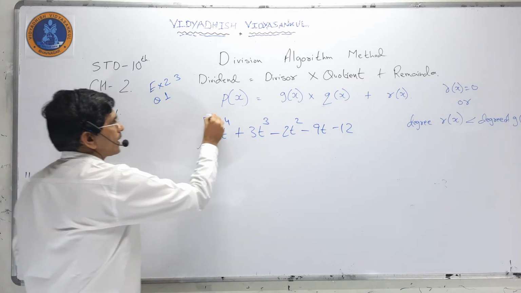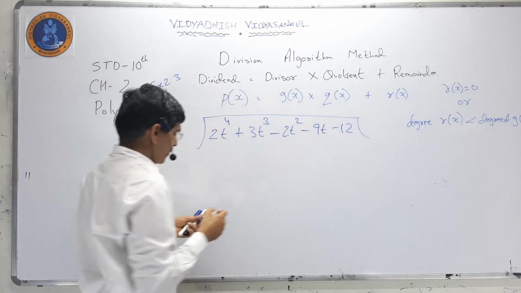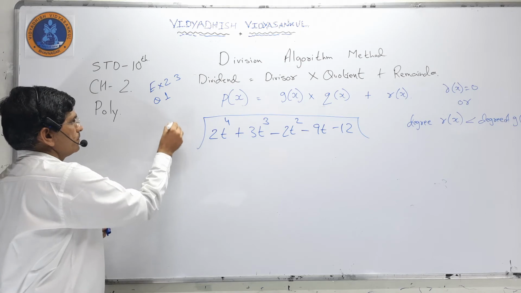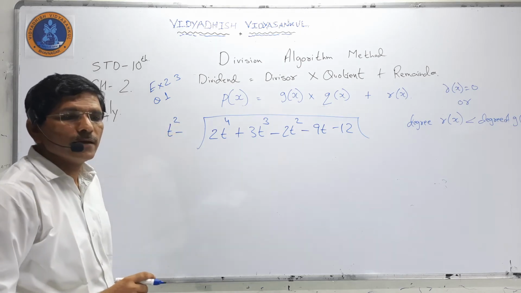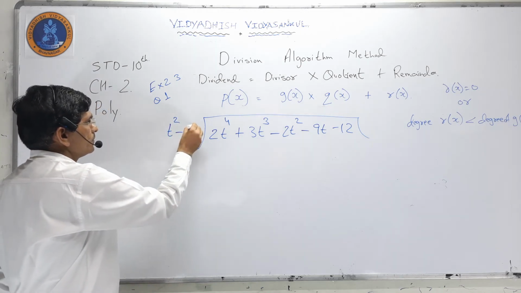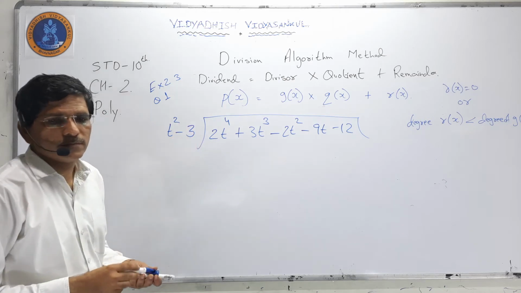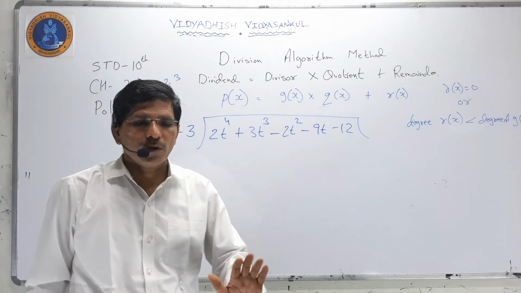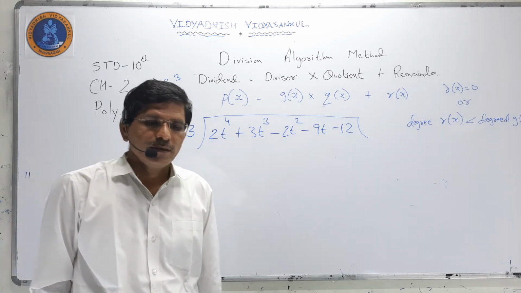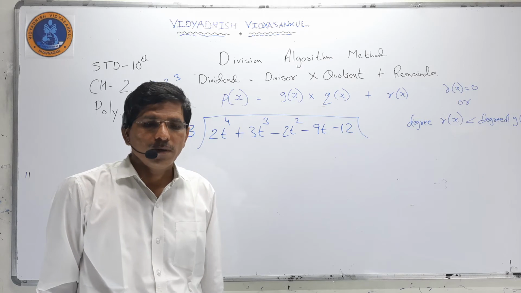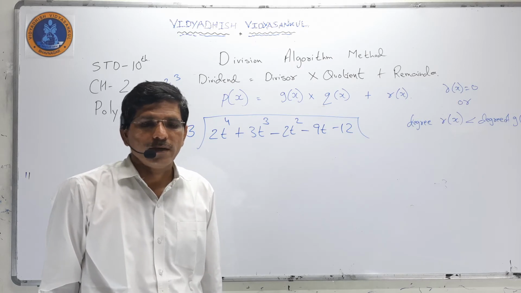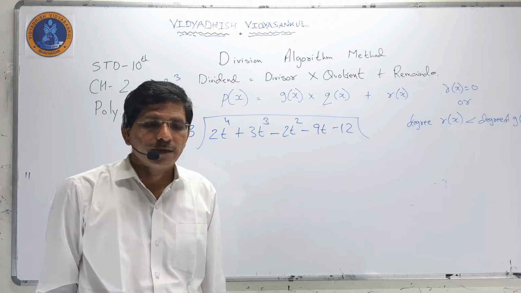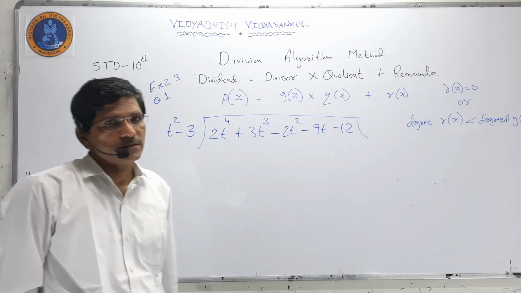So t square minus 3, I have to write it here. 2t to the power 4 plus 3t cube minus 2t square minus 9t minus 12 divided by t square minus 3.